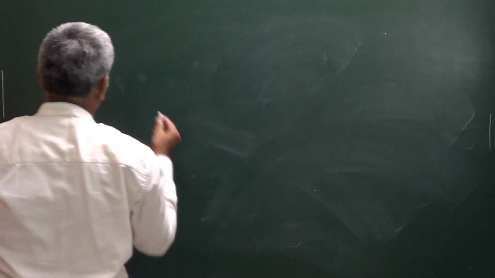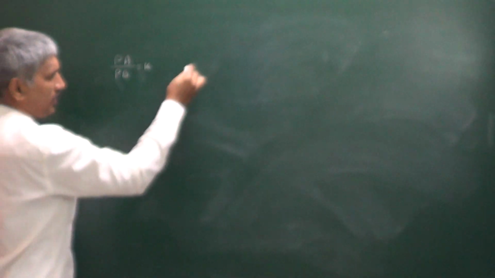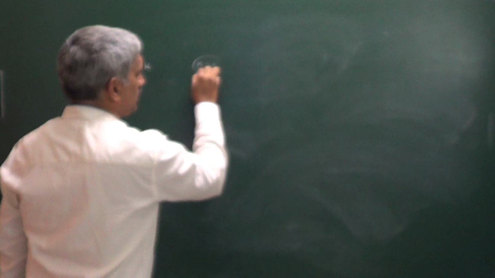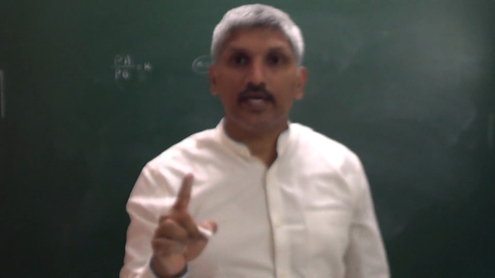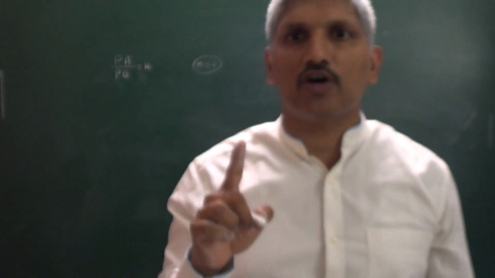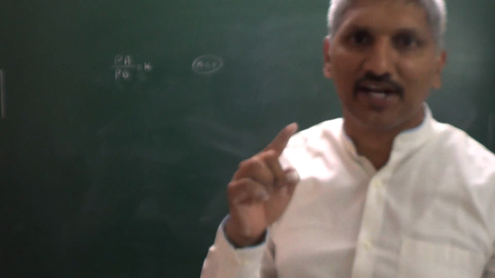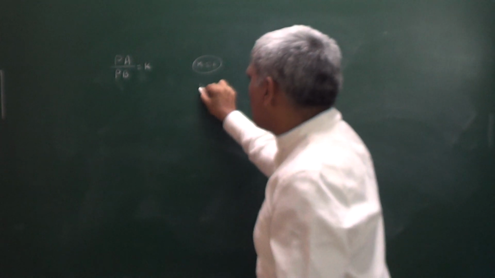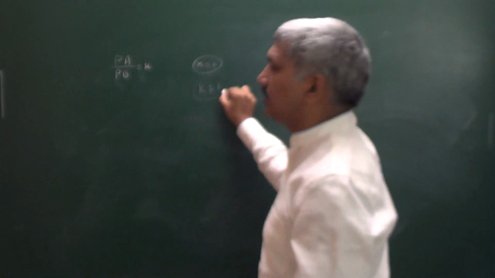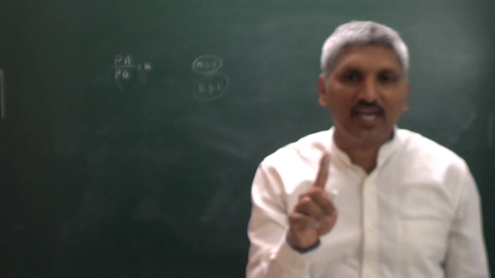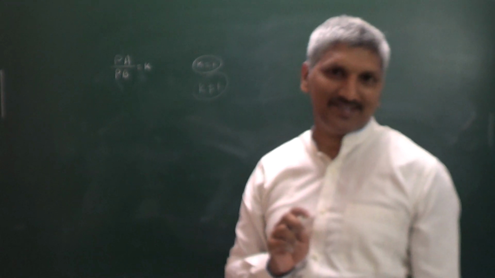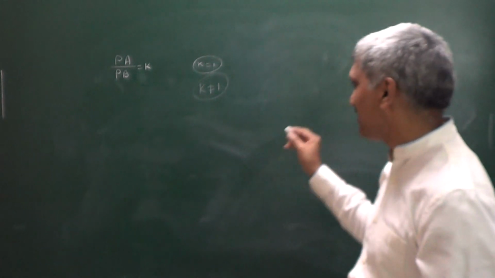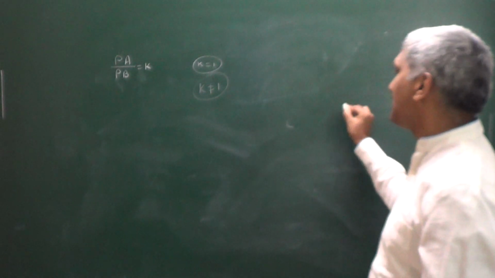So what is the information we discussed now? PA by PB is equal to K. If K is equal to 1, the locus of P is the perpendicular bisector of the line segment joining A, B. If K is not equal to 1, the locus of P is a circle whose diameter is CD.